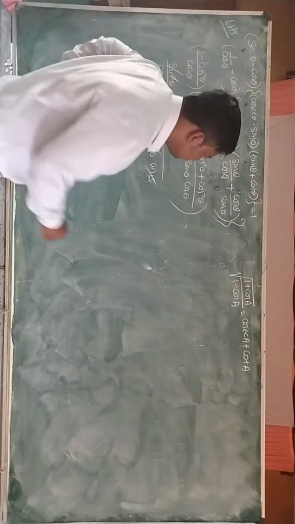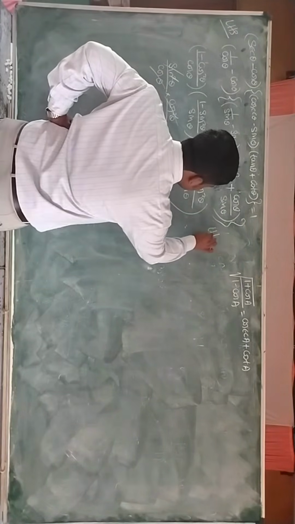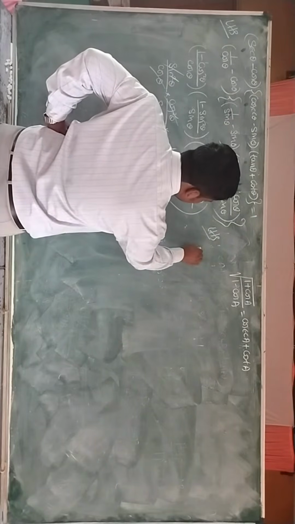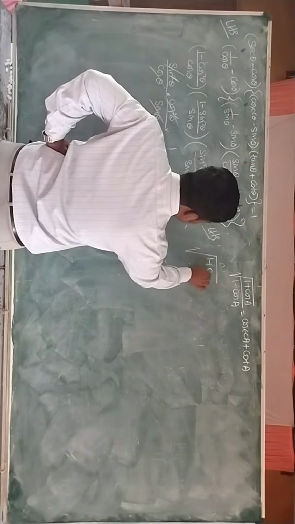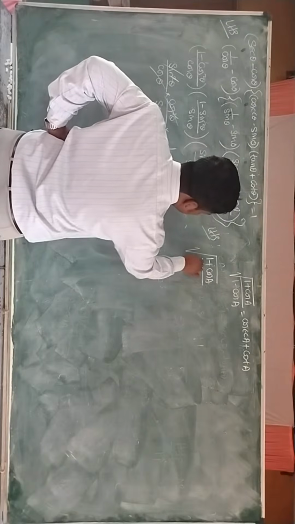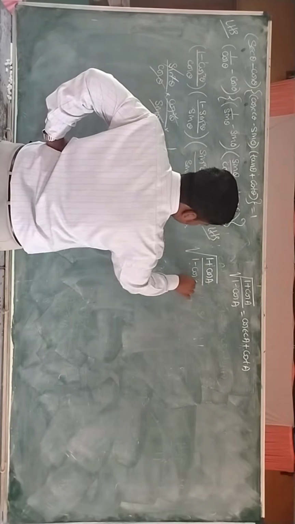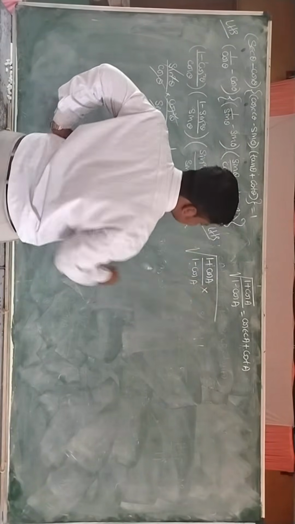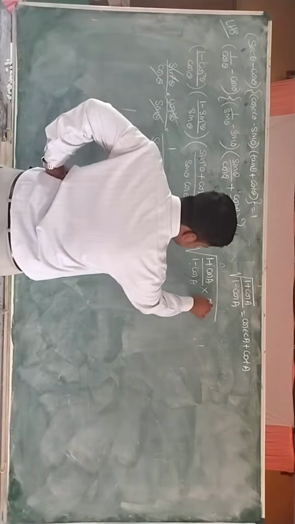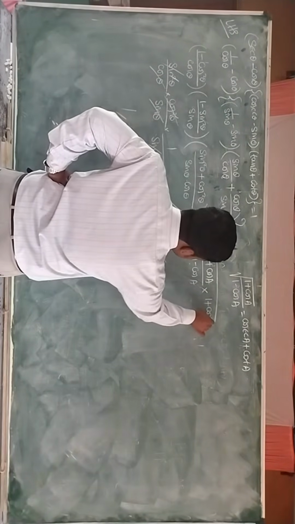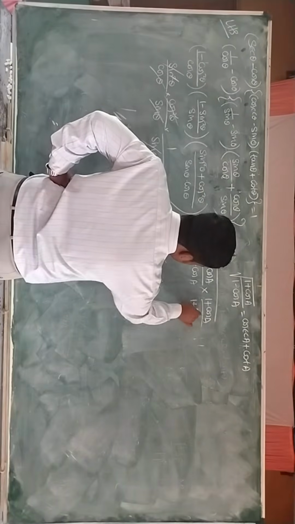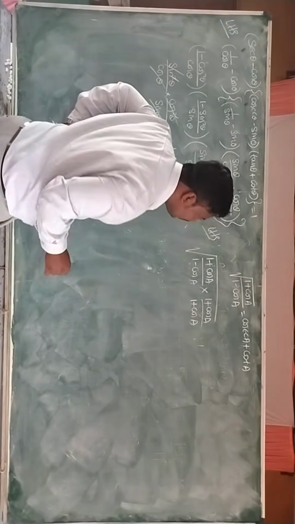Simple. LHS side you can take first. LHS under root 1 plus cos A divided by 1 minus cos A. And here only I want to rationalize the denominator. So the rationalizing factor is 1 plus cos A divided by 1 plus cos A.